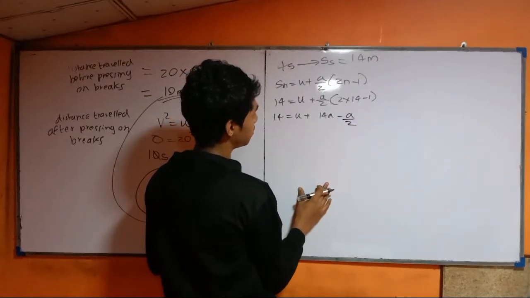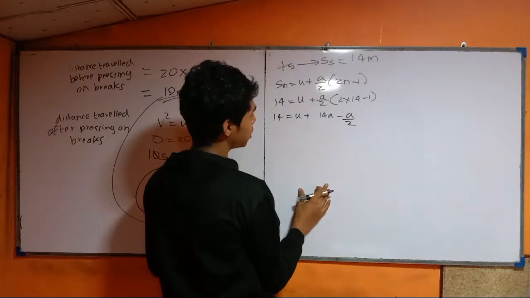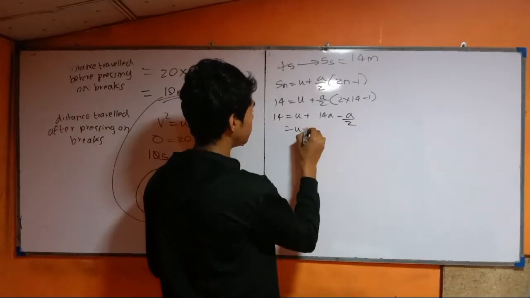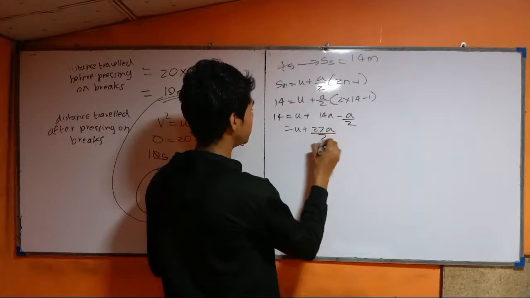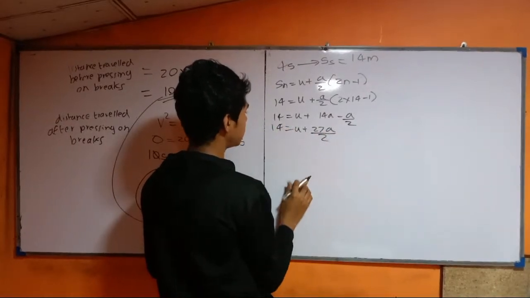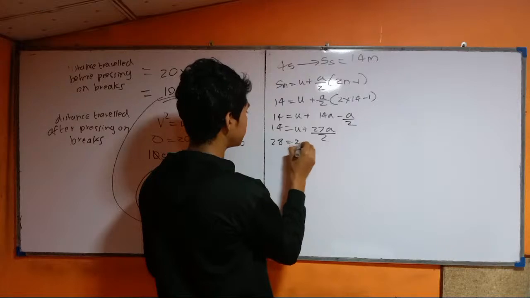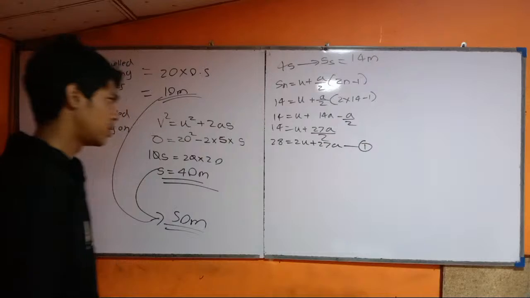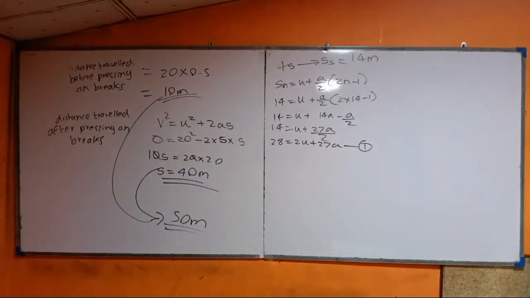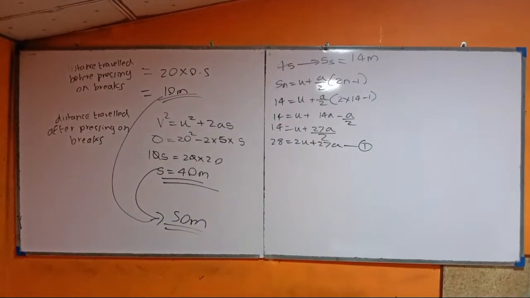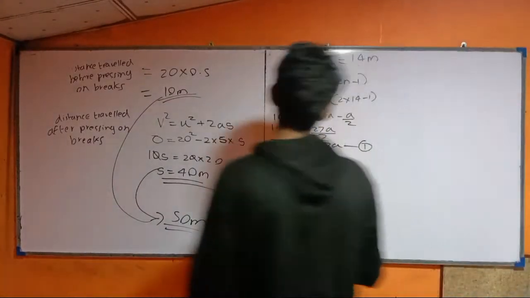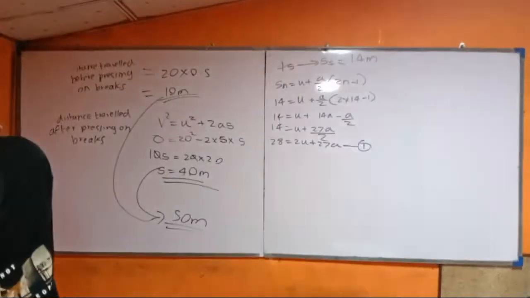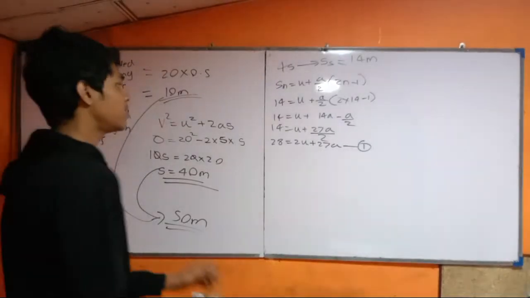Then u plus 27a divided by 2 is equal to 14. So 28 is equal to 2u plus 27a. I'll take it as equation number 1. This maths part I don't need to explain to you. You need to know that. Is it recording? Yes. Okay. Right.